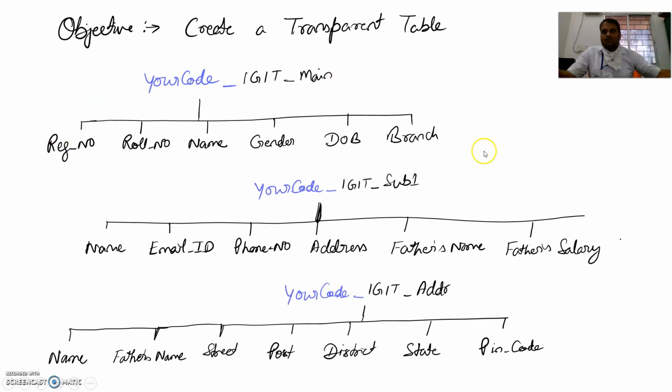So this is the overall data, in which we can link the name with the personal database of a student, and the address part we can split into another table. So our objective is now to create a table like this. If I know how to create one table, the rest I can create, and then we will learn how to interlink one table with another.